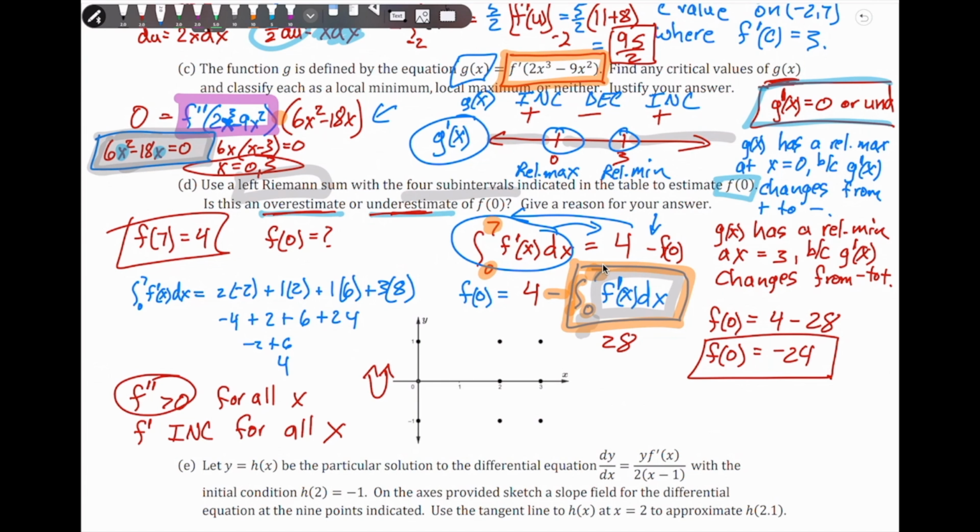So we have an increasing function that was concave up, and it could look something like this, if you will.